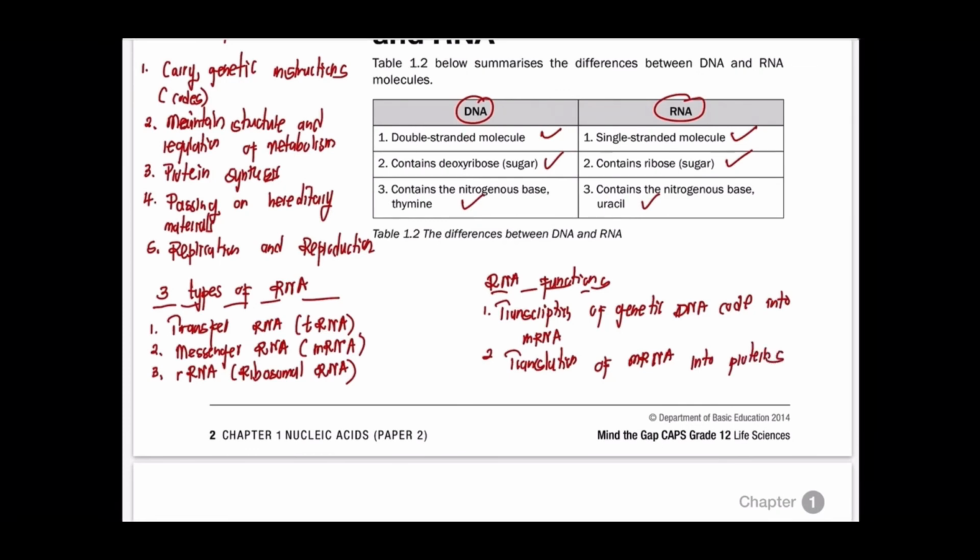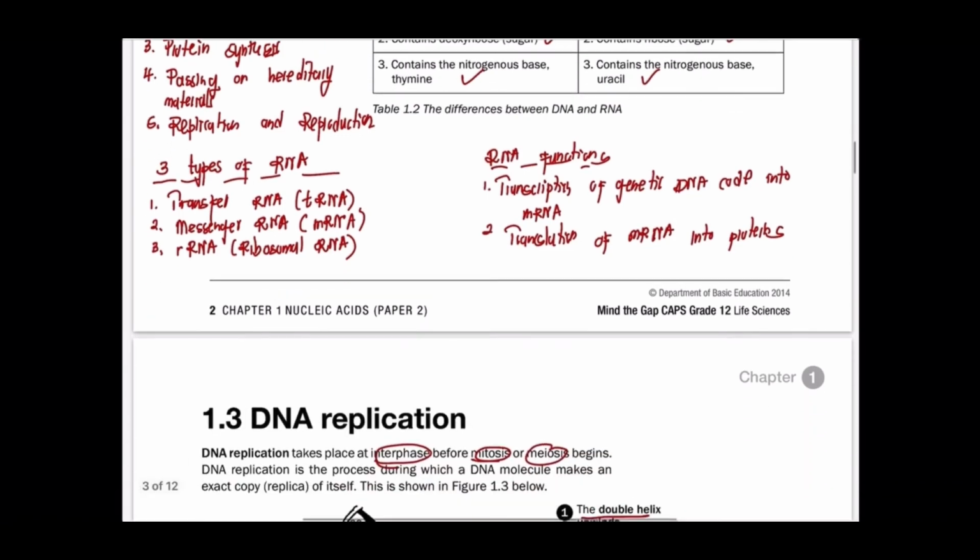So mRNA comes with its message, which is called the codon, to the ribosome, where translation occurs and proteins are formed by tRNAs coming with amino acids.